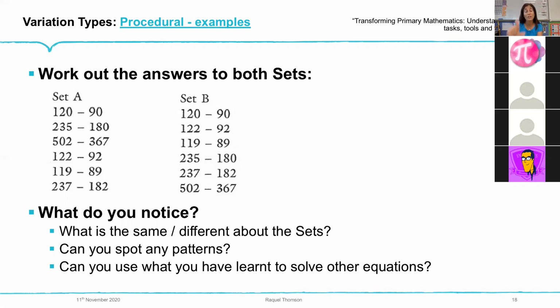492, so definitely changing the hundreds, that provides an extra layer of extension of difficulty. Fantastic, okay. Thank you, Taz, 602 minus 467.